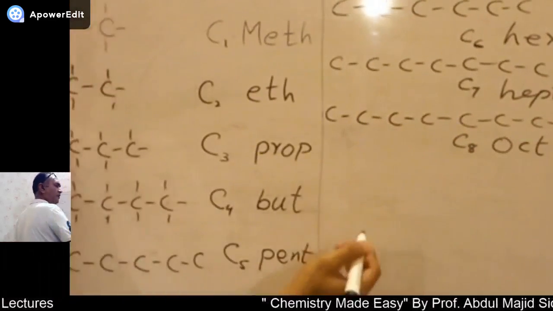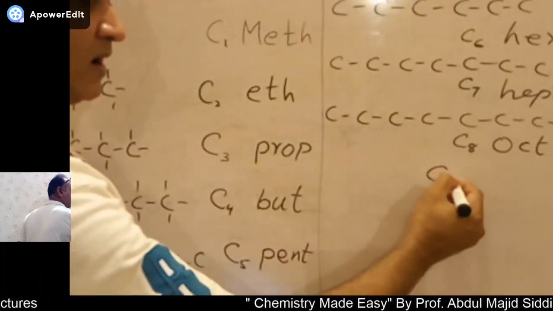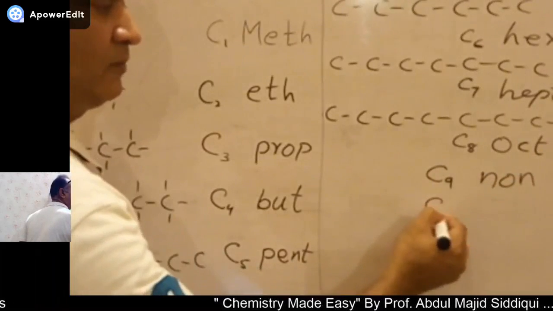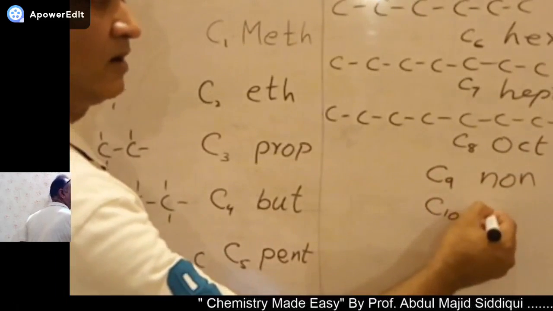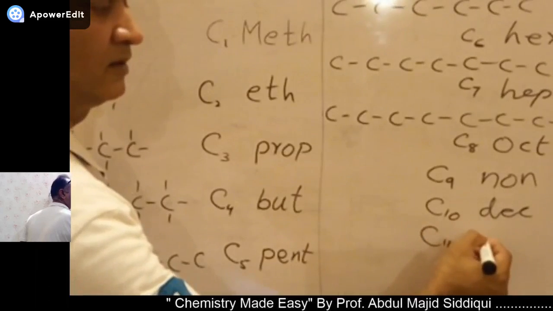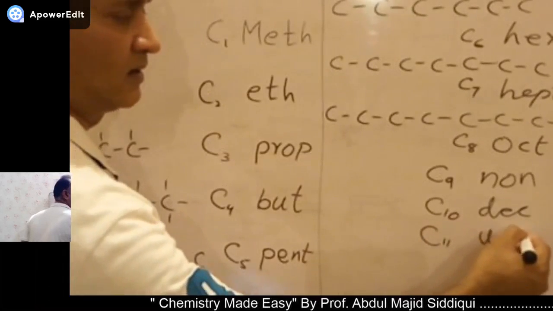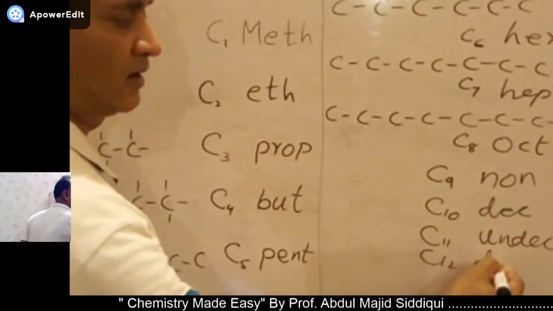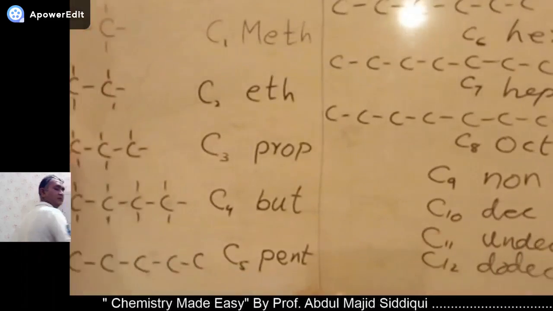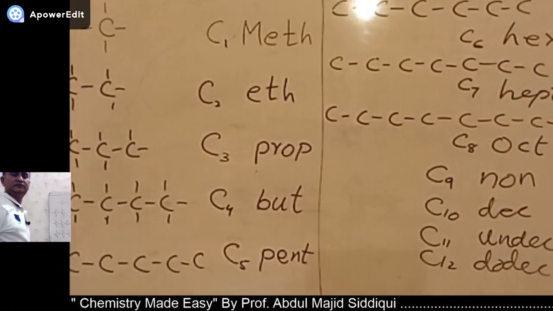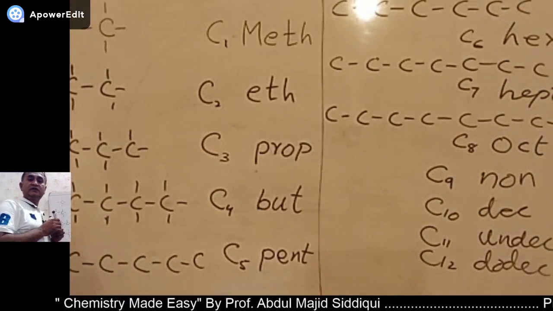Similarly, 9 carbons, we call it non. If 10 carbons, we call it dec. 11 carbons, undec. 12 carbons, duodec. 13, tridec, etc.